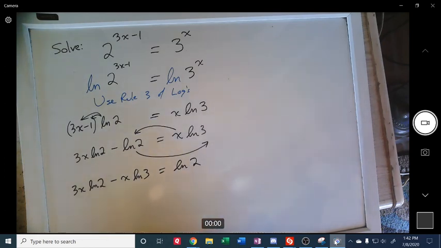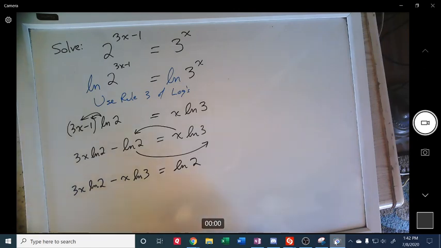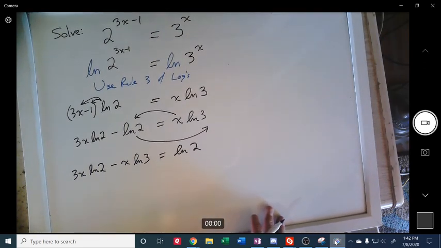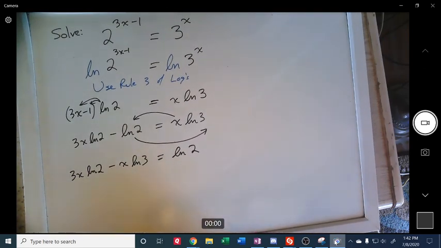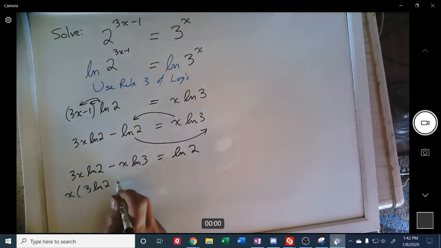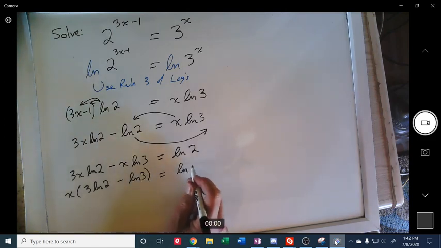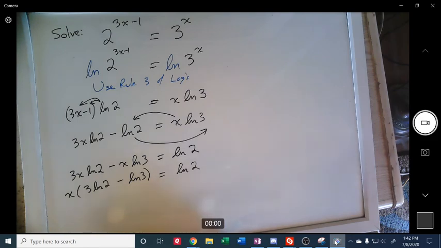Now, I'm still trying to solve for x. But x is written twice. As long as it's written twice, I can't isolate it. So how do I write it just once? I factor it out.